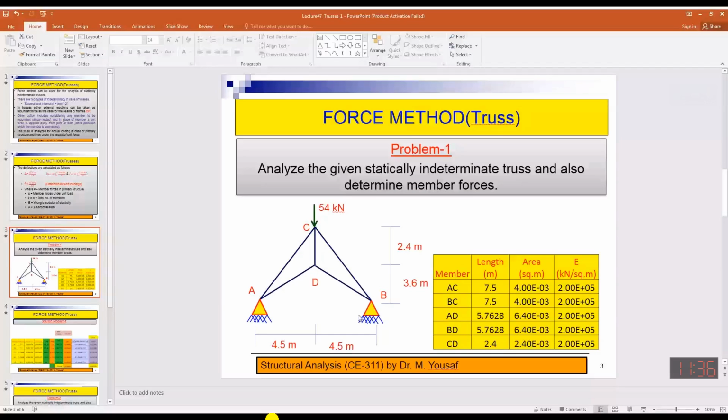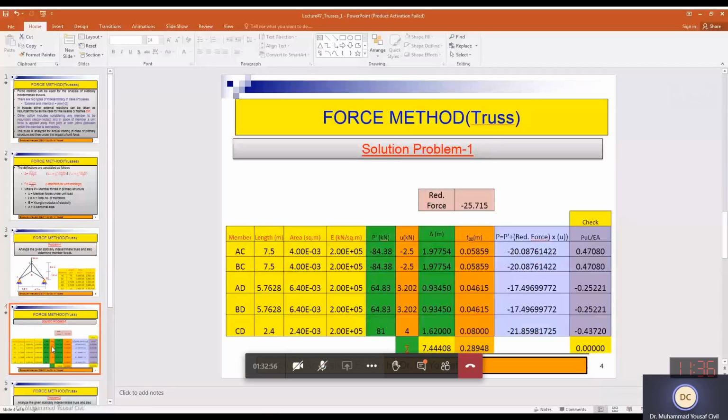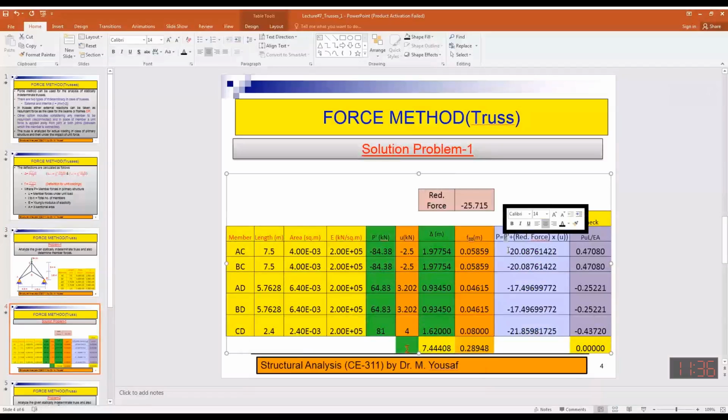So following the same approach, P dash is the force in the primary structure without redundant, and this is the force in the member due to redundant force multiplied by the unit force.